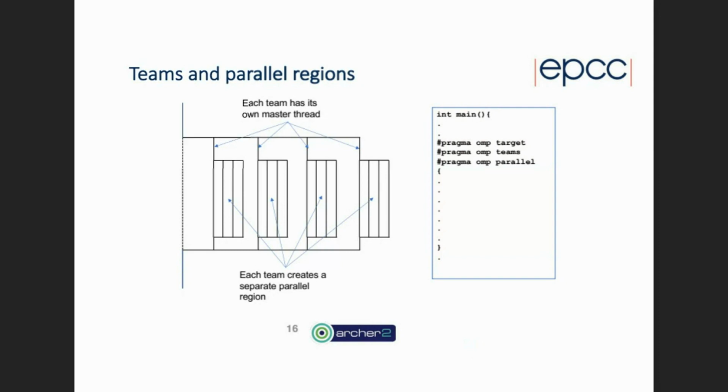If we have more than one device, then we can specify the device number on the target construct, so you can explicitly offload to different devices.